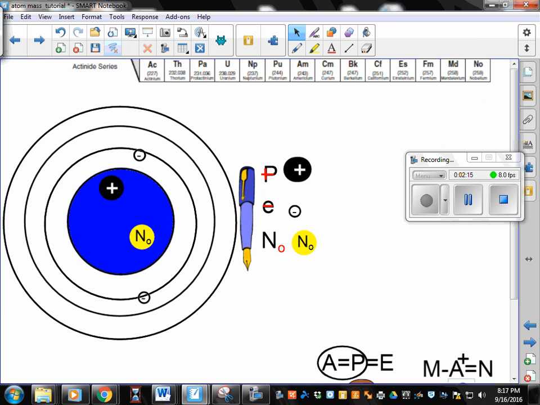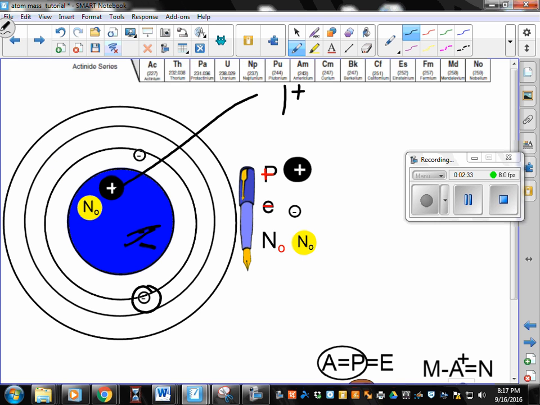But on this whole atom, there's one proton. One proton. To get the charge, neutrons don't matter because they don't have a charge. So I'm not going to even worry about them. Electrons are negative. There's 2 electrons. So I'm going to add a -2, or we can just say -2 like that.